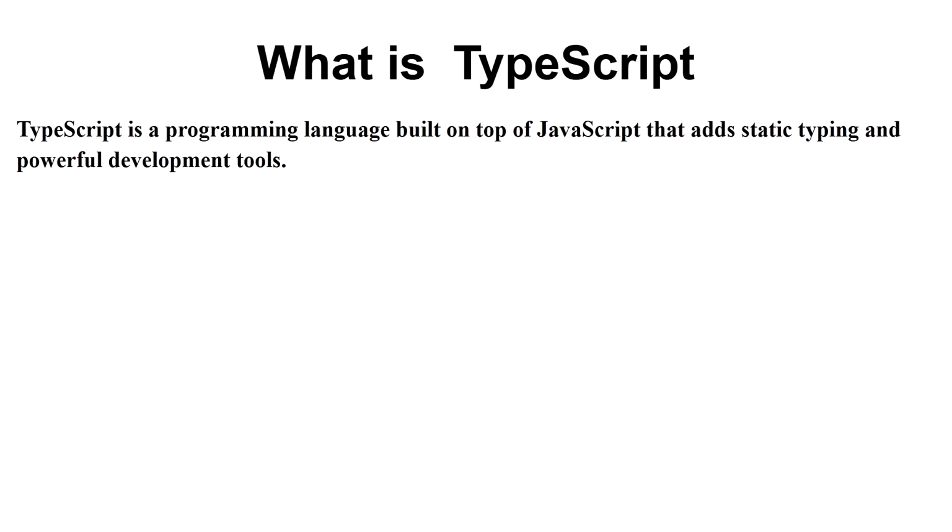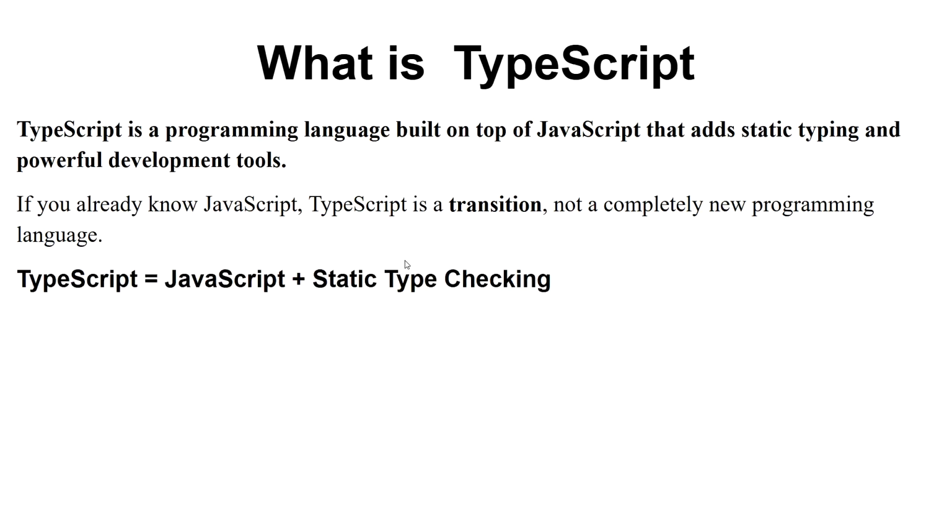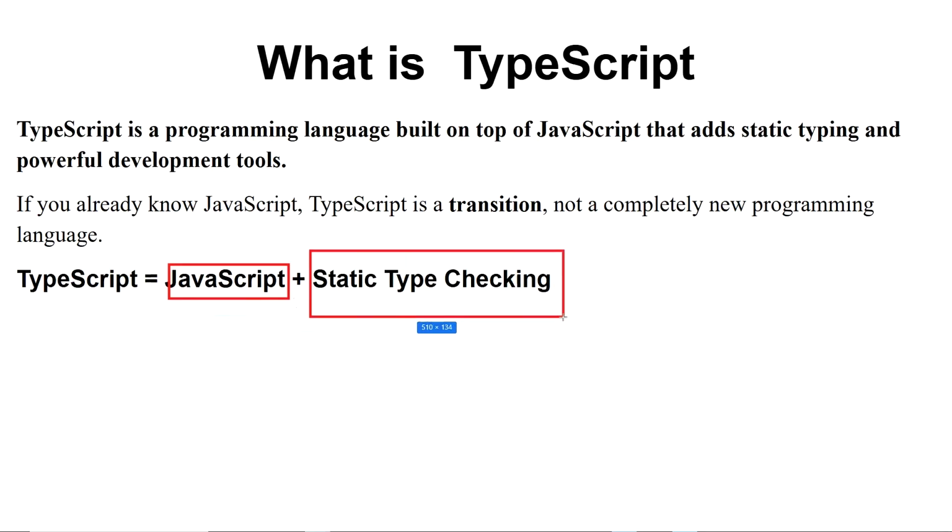TypeScript is a programming language built on top of JavaScript that adds static typing and powerful development tools. If you already know JavaScript, TypeScript is a transition, not a completely new programming language. So TypeScript equals JavaScript plus static type checking.